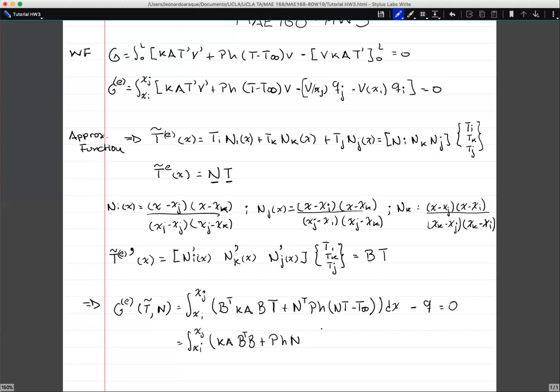So they are not constant terms in this case. So this is B transpose B, and N transpose and N are vectors, right?